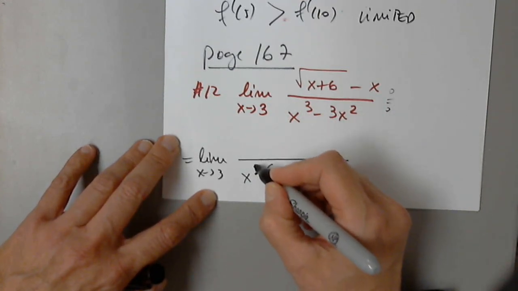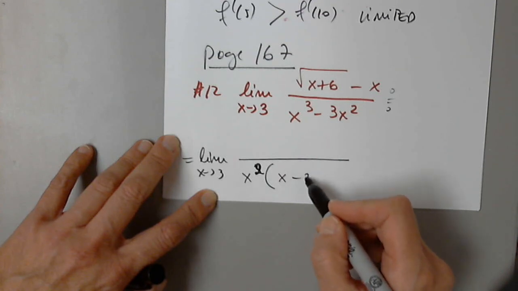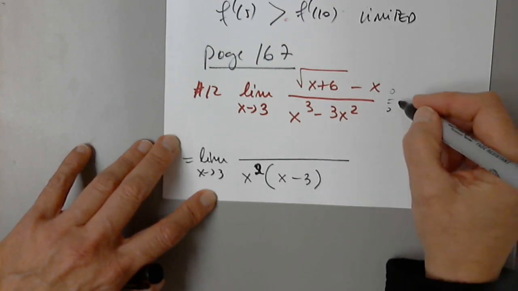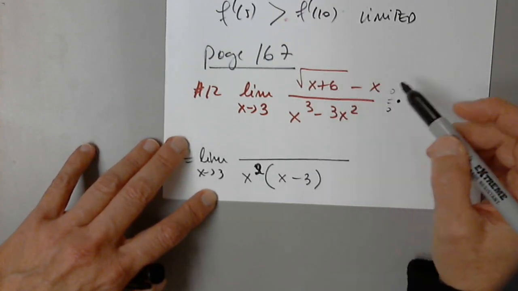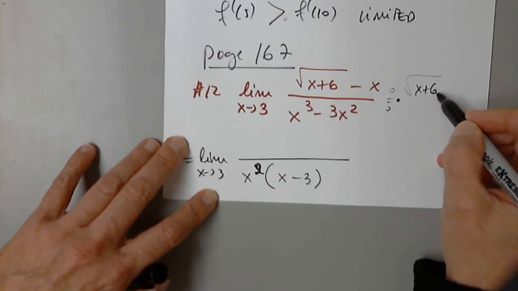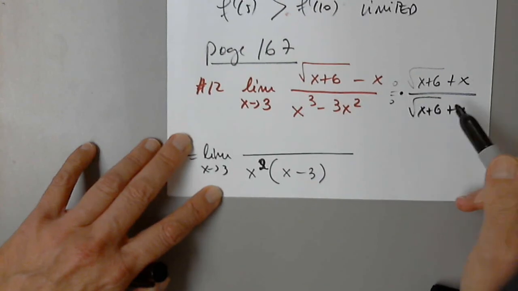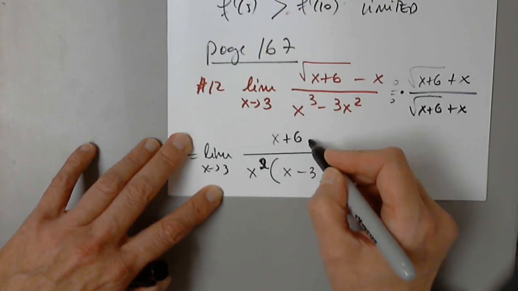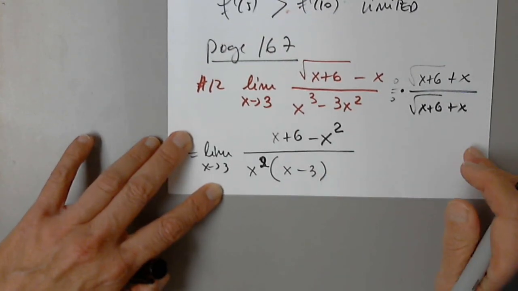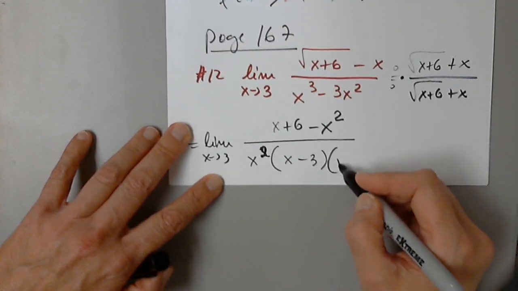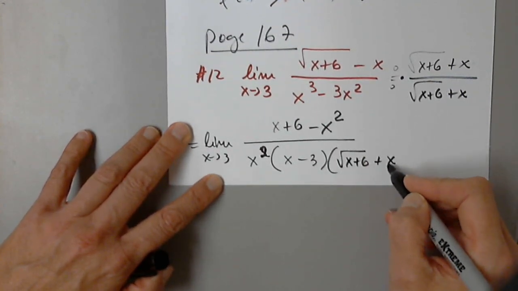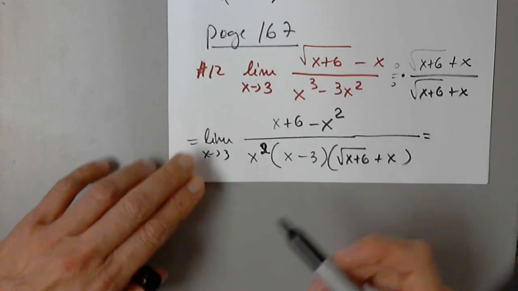So I'm just going to factor out x squared into x minus 3. And of course, I'm going to rationalize with the square root of x plus 6 plus x, and I get x plus 6 minus x squared at the top, and the square root of x plus 6 plus x. Do we have this so far?